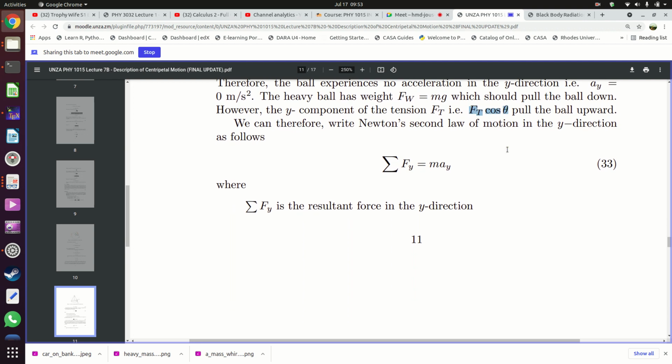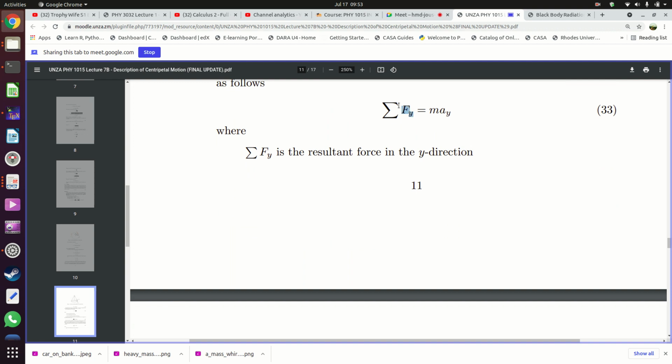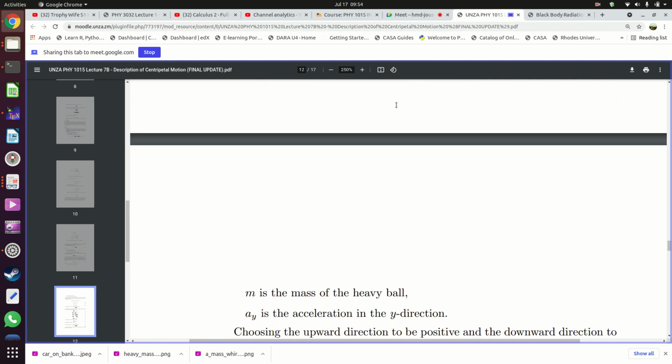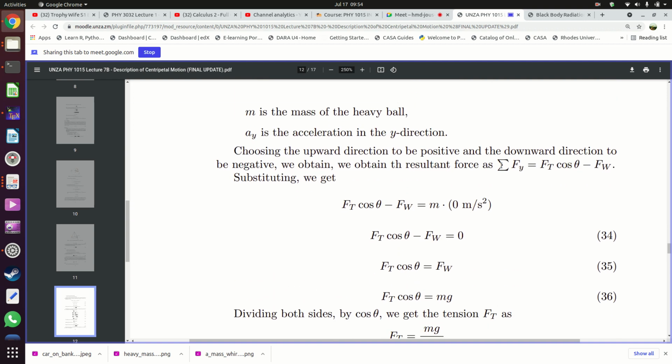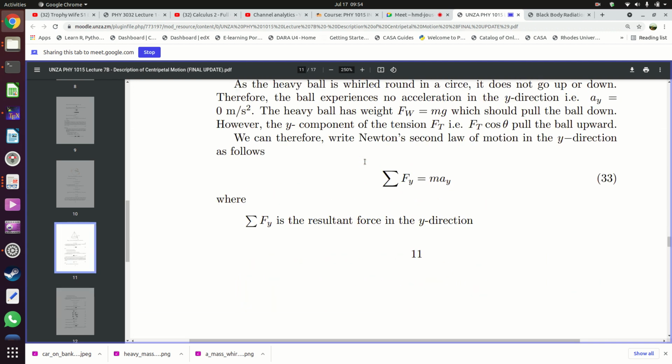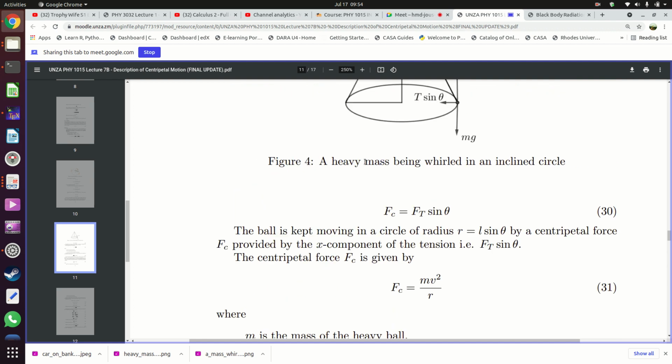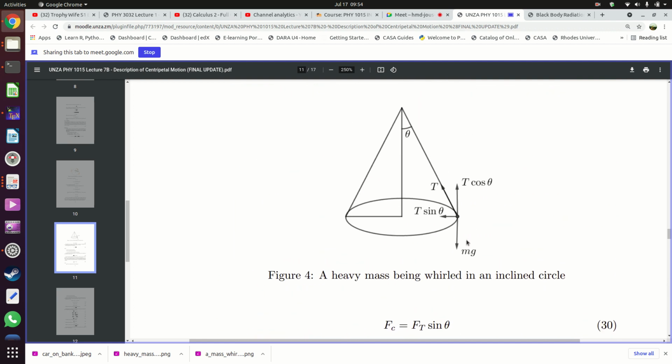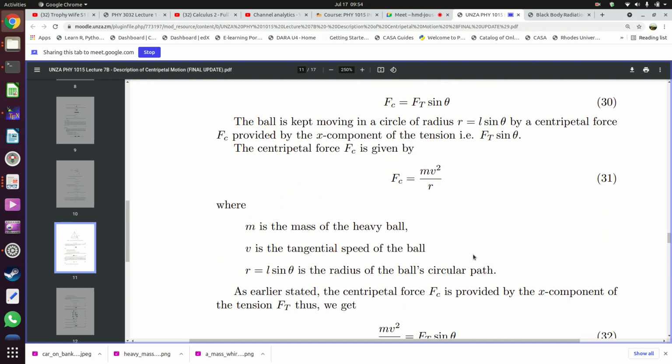Here the sum of the forces in the y direction is equal to Ft cos theta minus Fw, if we choose the up direction to be positive and the down direction to be negative. Then this is positive and this bit is negative. So we end up having this.